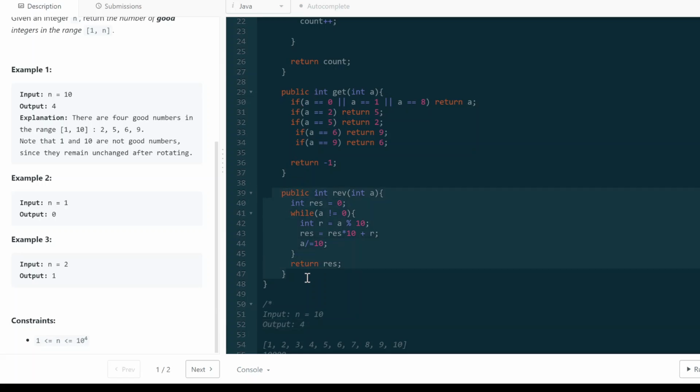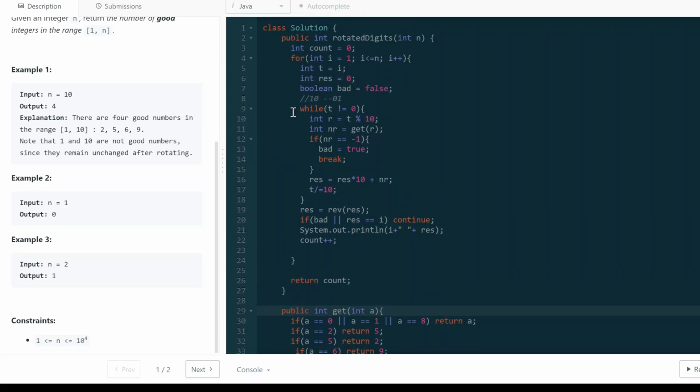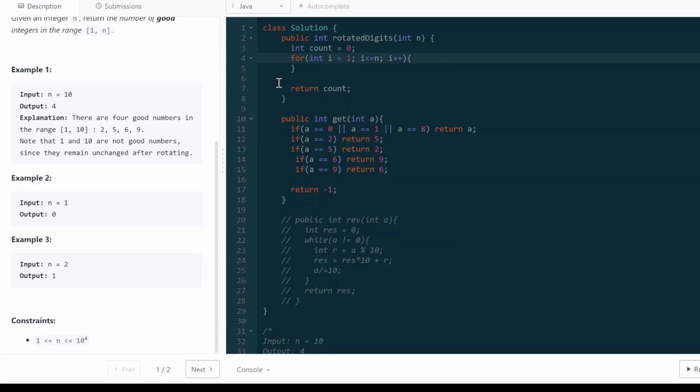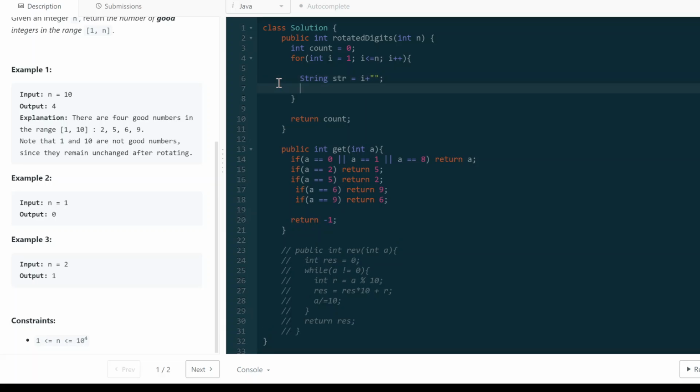So I'm going to comment out this method. This one I need, and I'm going to remove these ones also. Okay, maybe I can just remove it. So same idea: instead of extracting the digits, I'm going to convert this into a string, something like str equals i plus this.